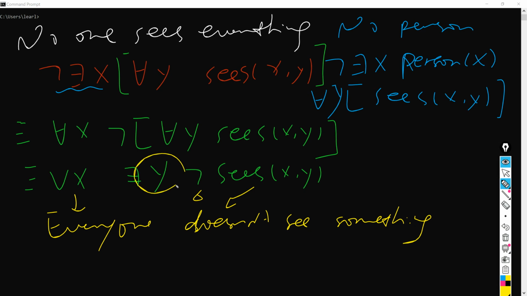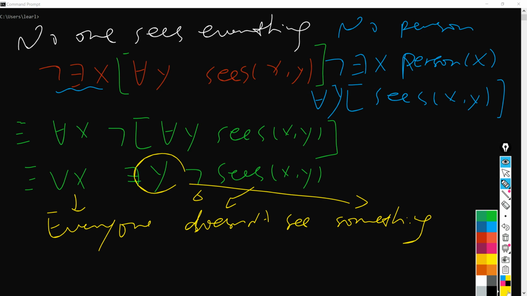That is, this comes to here. Everyone doesn't see something, meaning no one sees everything. That's true. So we can just transform the formula into another formula and translate the formula into the sentence.